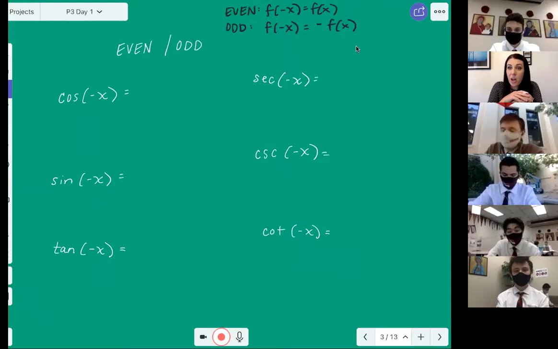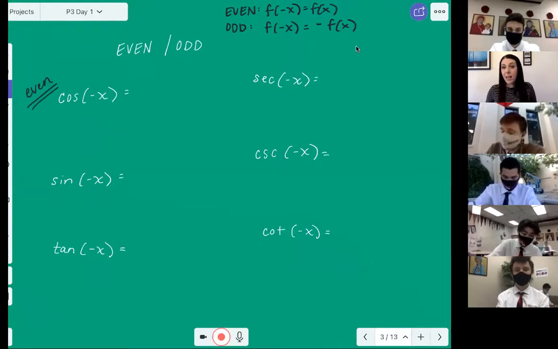We also have even and odd functions for trig. Now, cosine of negative x is an even function. Meaning if I plug in a negative angle, it's going to give me exactly the same thing as if I plugged in the positive angle.